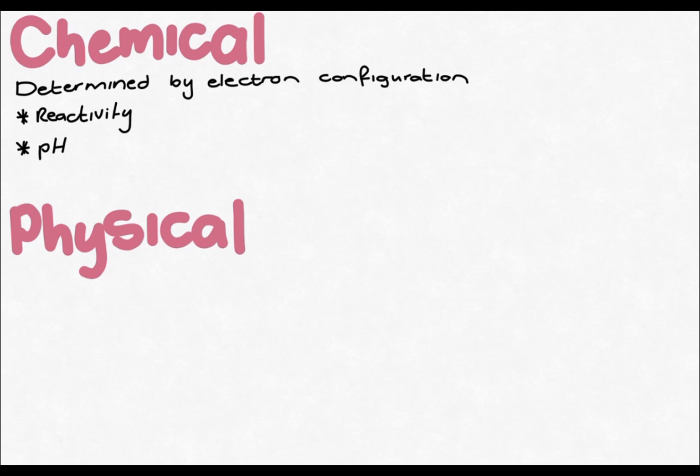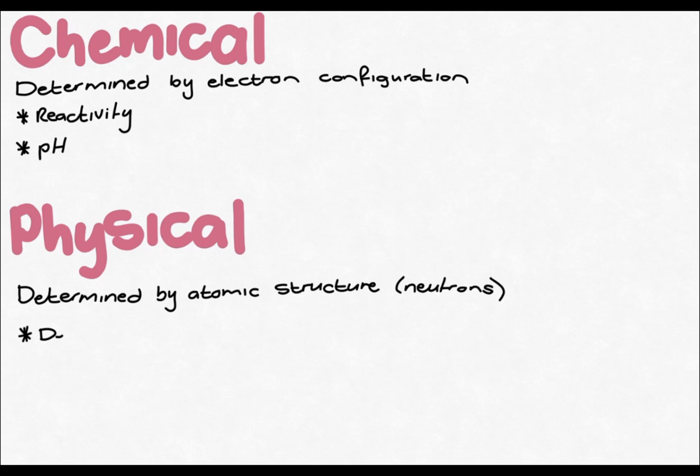My ions also have different electron configurations, so they will also have different chemical properties. But if I think about my isotopes, they have the same amount of electrons, so they will have the same chemical properties.